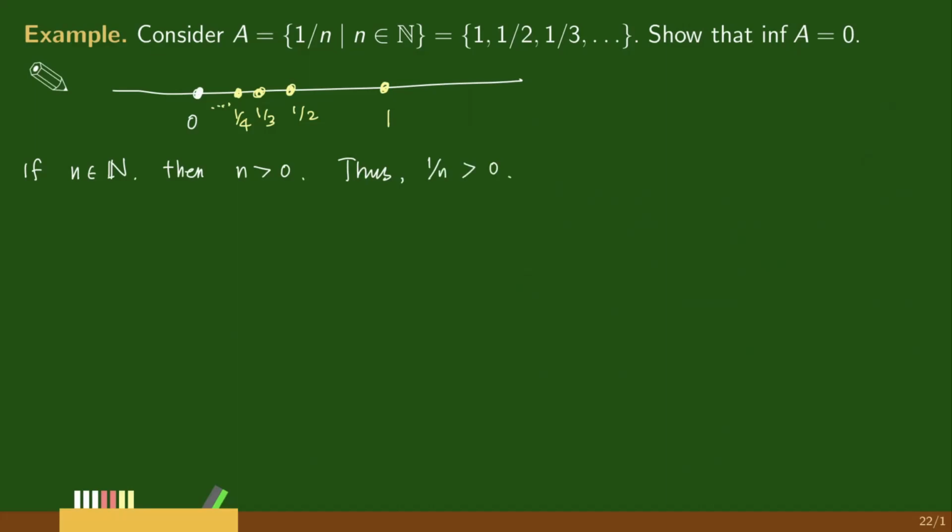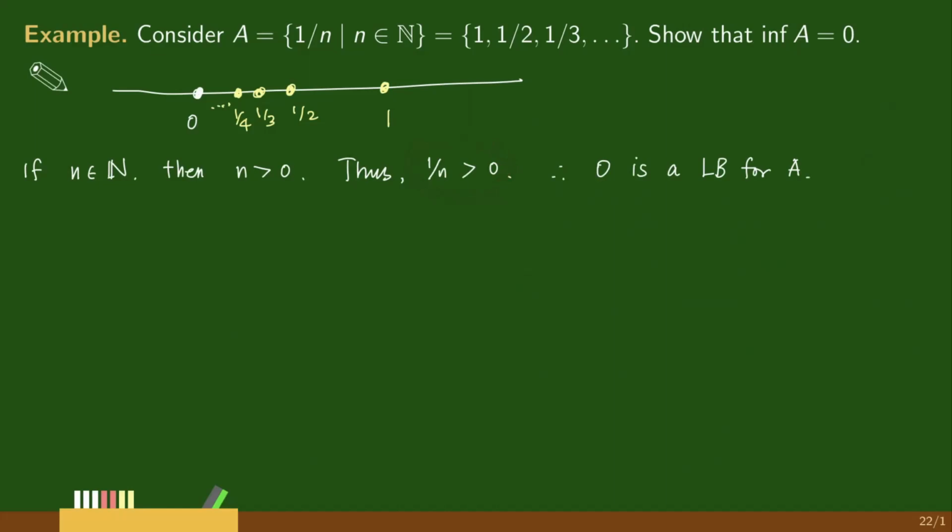Remember, the reciprocal of a positive number is still positive. Therefore, 0 is a lower bound for A. Because you have proven that every 1 over n is greater than 0, and that shows that 0 is a lower bound.